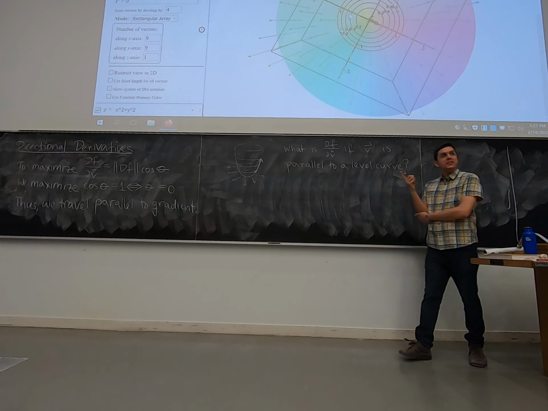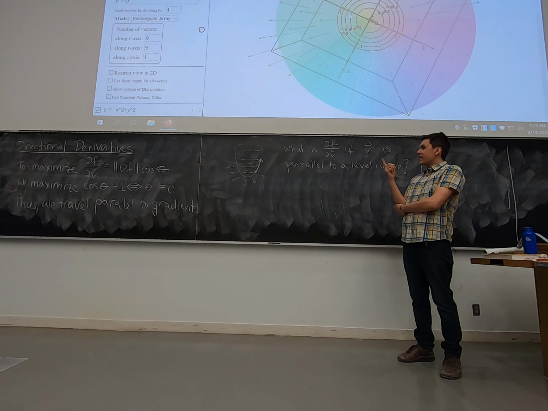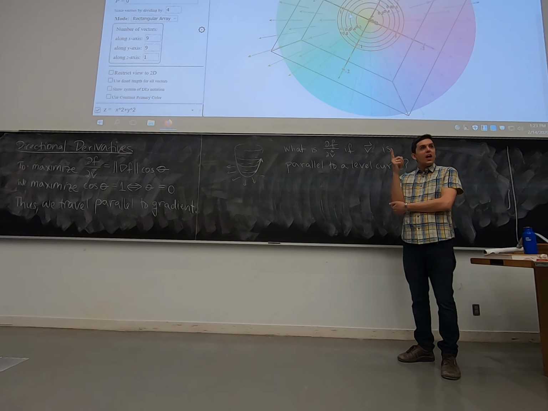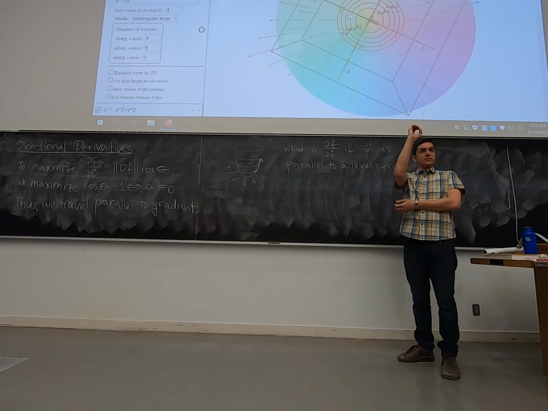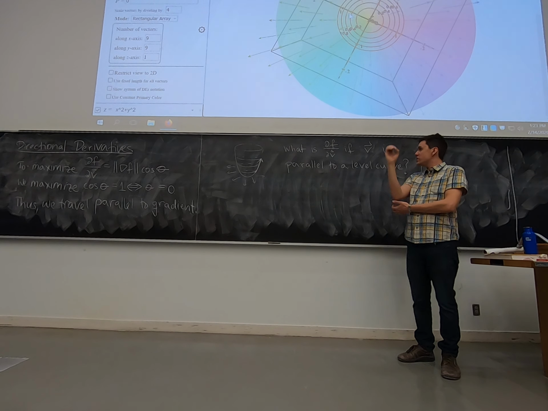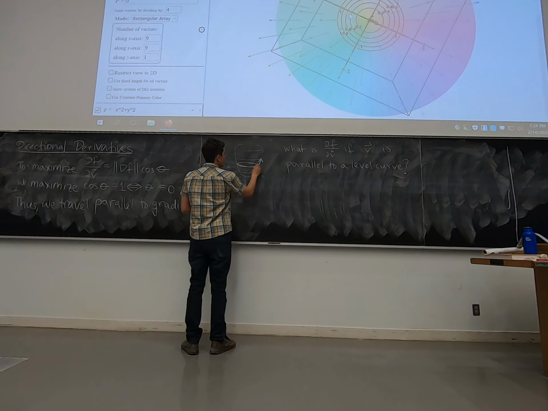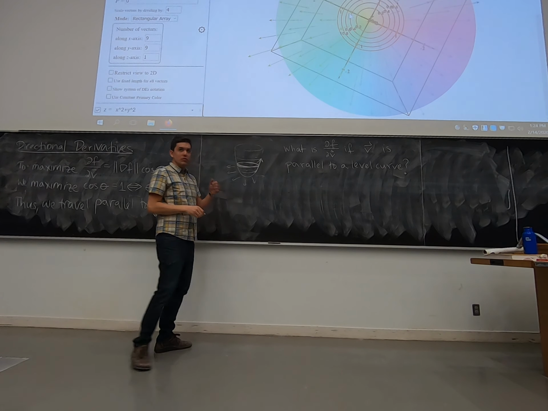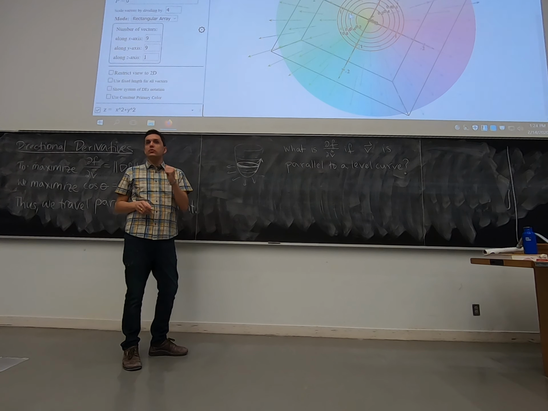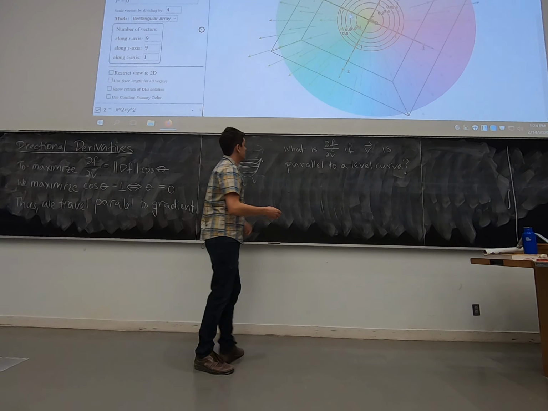Or to think of it in a slightly different way, if you're on a level curve, how much is your height changing? 0, right? Your height is not changing if you're on one of these level curves. So if you're going around a level curve, your function is experiencing no change. Your function is constant.